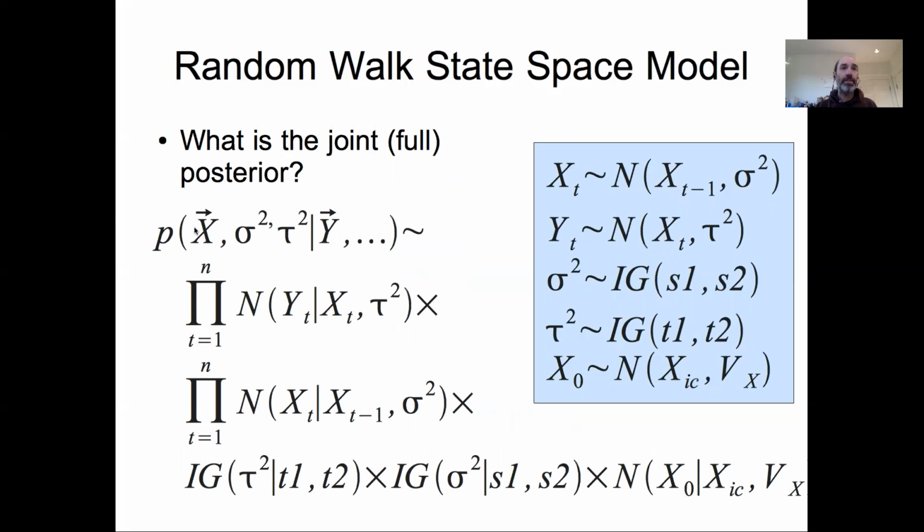Okay, so the probability of our x's, sigma and tau given y's and any other information. In this case, there isn't any other information. Well, I guess the other information is the prior parameters. This is the product over all the observation models.